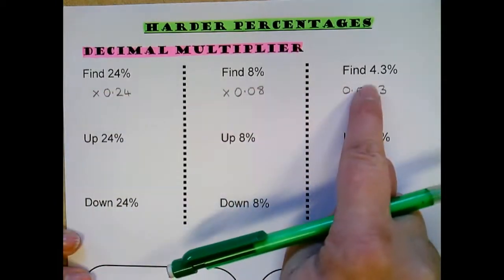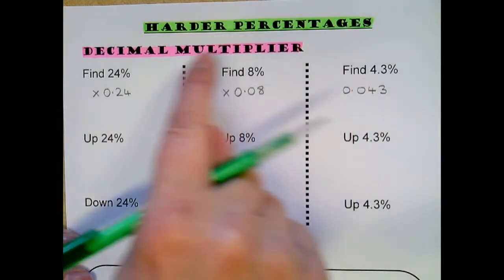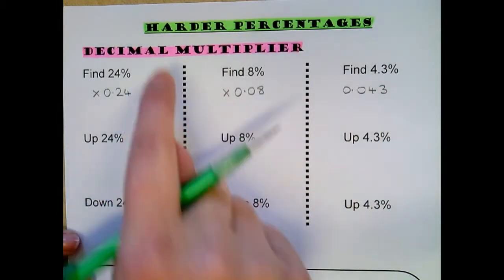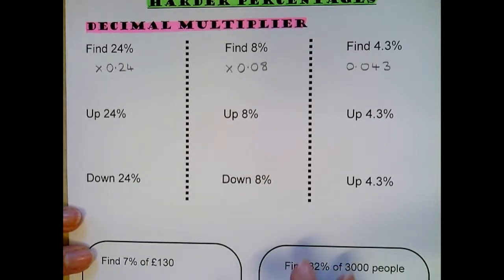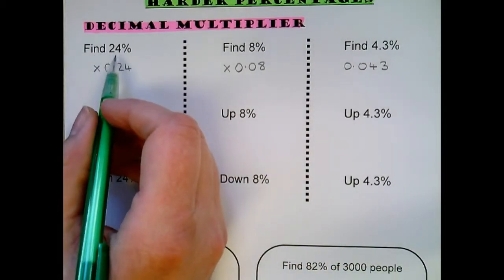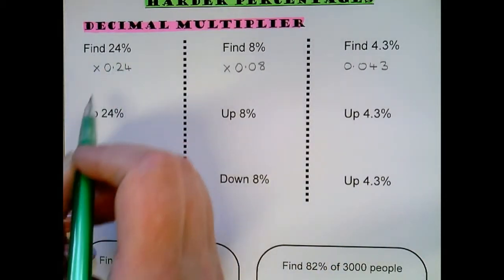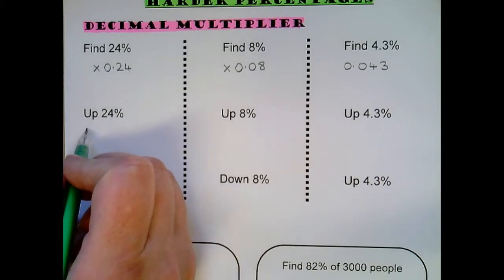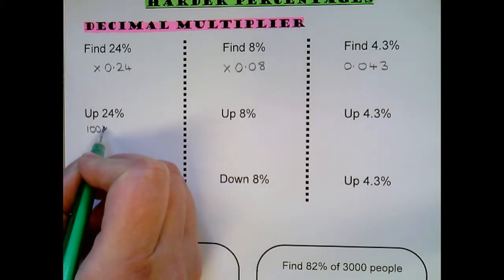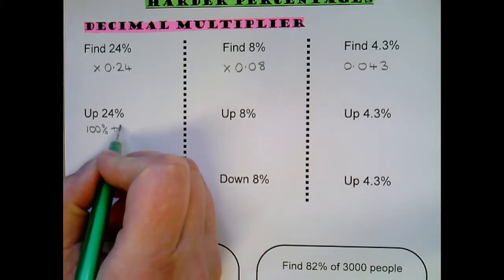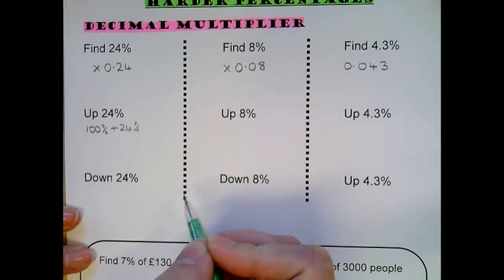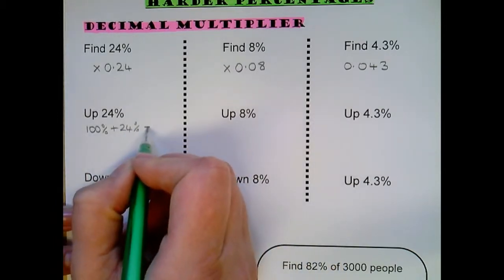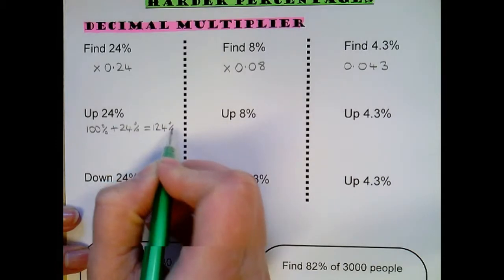Okay, using these same percentages then, it's handy for you to be able to use the decimal multiplier if you're going up or down by a percentage. So to find 24%, you multiply by 0.24. To go up by 24%, you times by 1.24. And that's because at the start, it would be worth 100%, and going up by 24% would be adding 24% onto it, which would make it 124%.